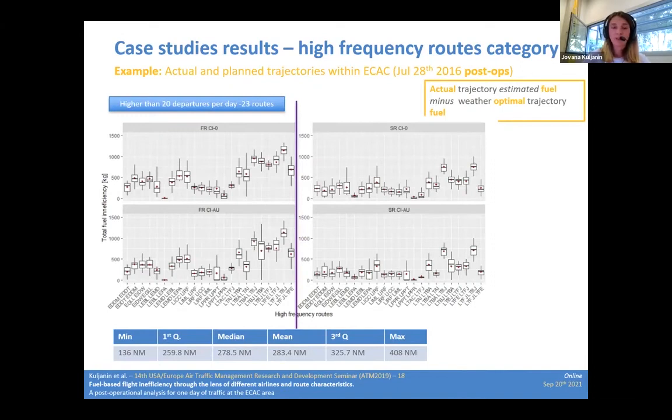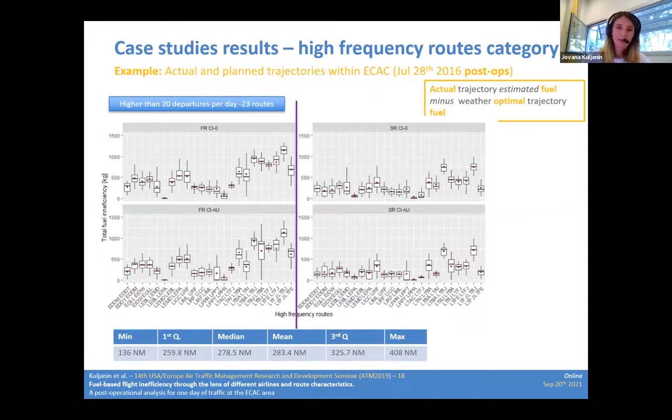So this was a good indication to try to deeply dig into the results for routes with very high frequency, higher than 20 departures per day, and we extracted 23 routes. However, the results show that when we consider free route airspace, the fuel inefficiency are generally higher than if we include the structural route airspace.